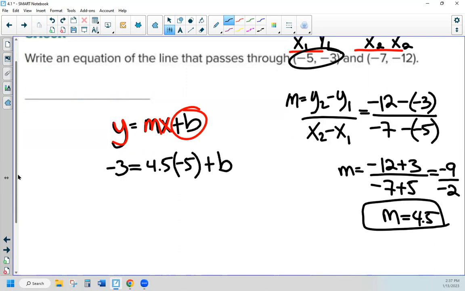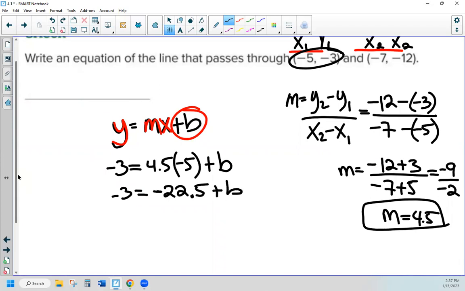Add b. All right, so we got negative 3 equals 5 times 4.5, which will give me 22.5, and it's a negative times a positive, so it's a negative 22.5, plus b.